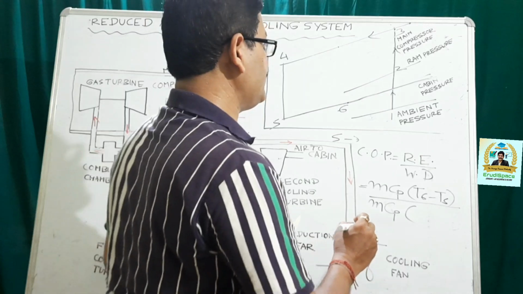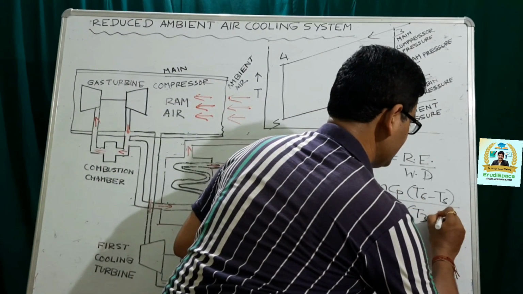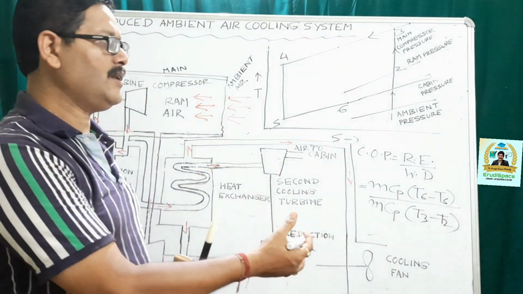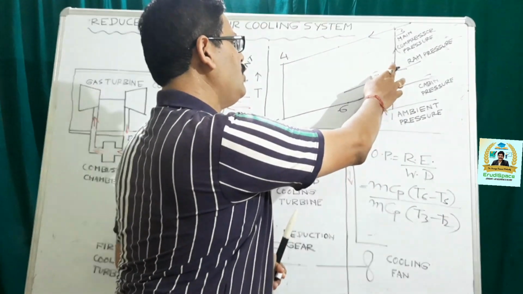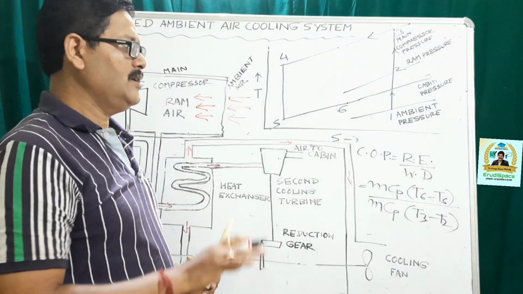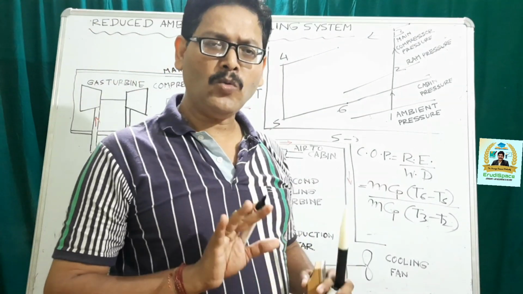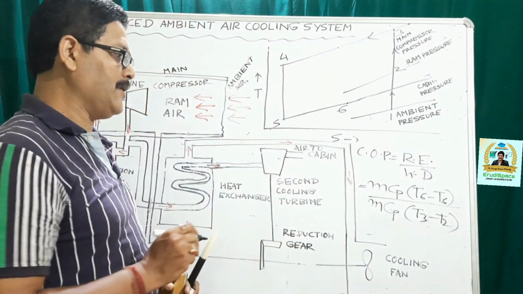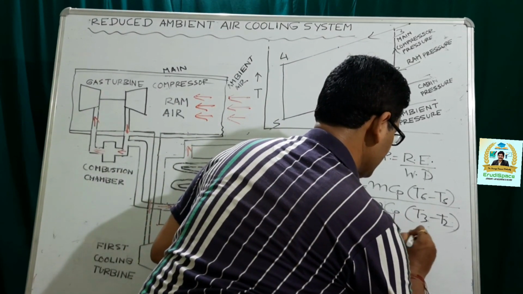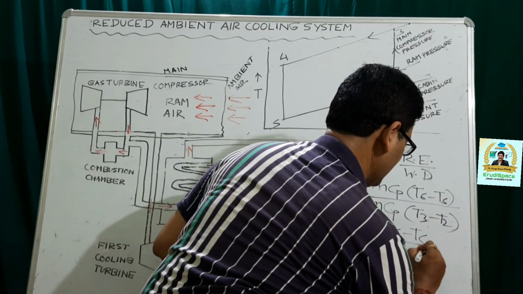The temperature difference is T3 minus T2, because it is entering the compressor at 2 and leaving at 3. We have not considered the work done when it comes to ram compression, because no work is done upon the system in ram compression. So this is equal to T6 minus T5 divided by T3 minus T2.